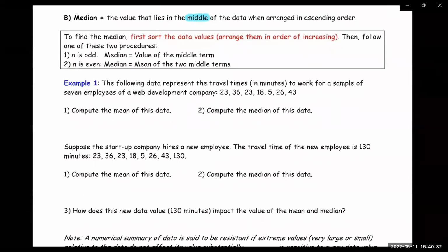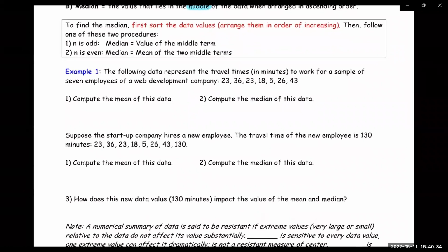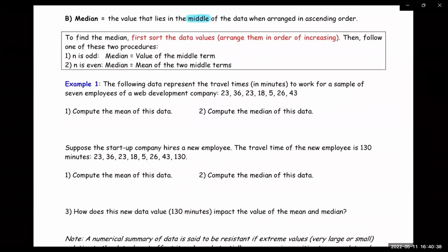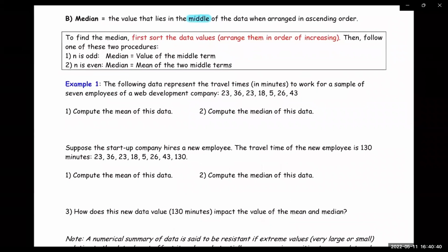So for example, let's do an example. All right, I will do this example right here. Let's say you had 10, 14, 2, 9, 7, and 20.